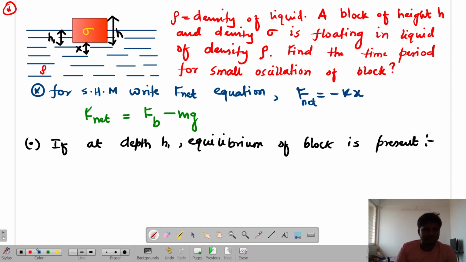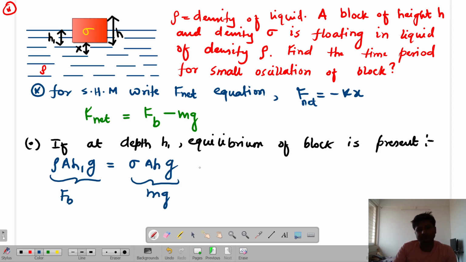Simple. Rho into volume immersed, area into height h1, into gravity g, is equal to sigma into area, total height h, into gravity g. This is the force of buoyancy and this is my mg, isn't it?